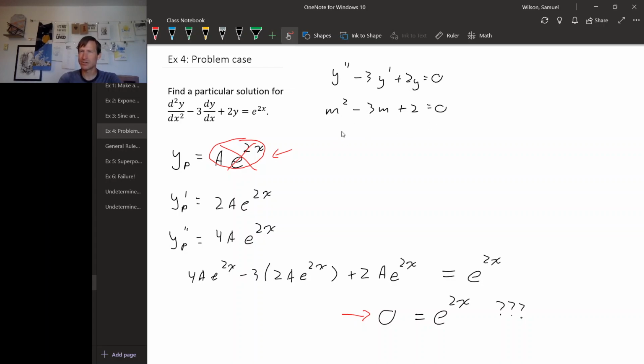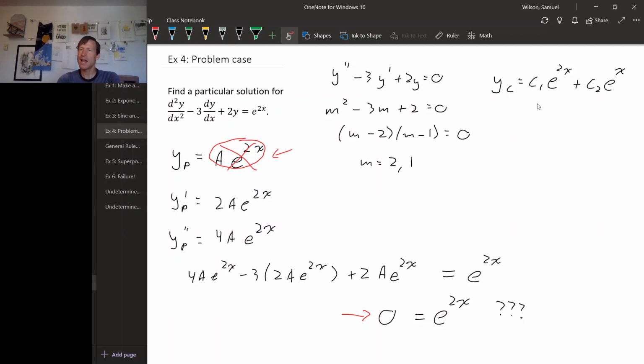This one factors. This is m minus 2 times m minus 3. Sorry, m minus 2 times m minus 1. So m can be 2 or 1. And so our complementary solution is c1 times e to the 2x plus c2 e to the 1 times x.